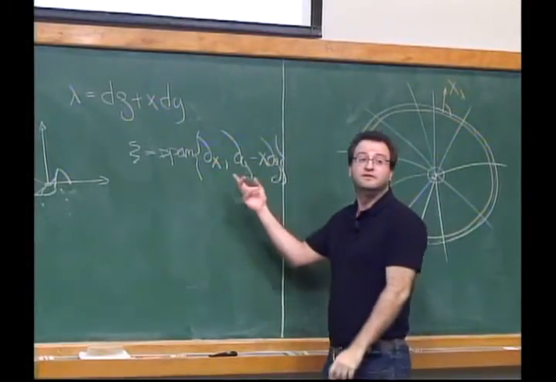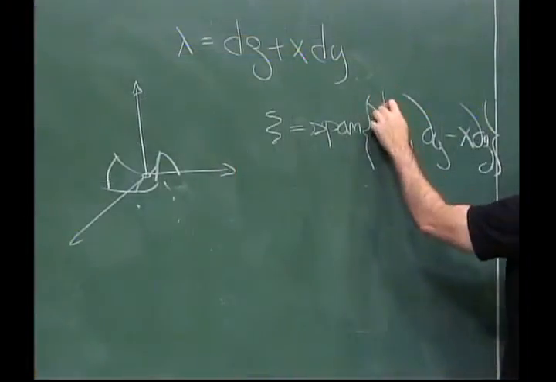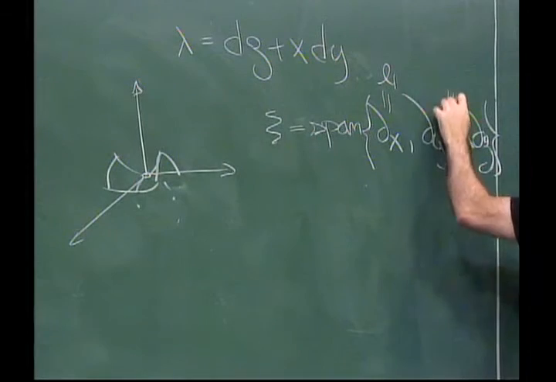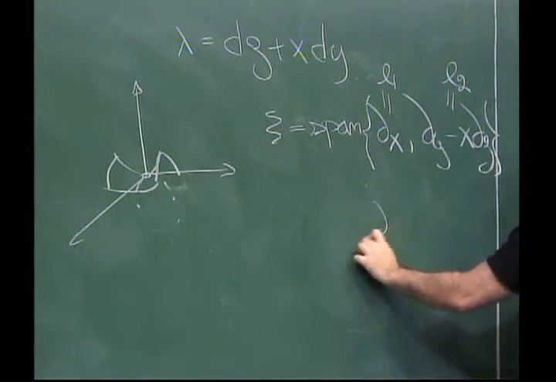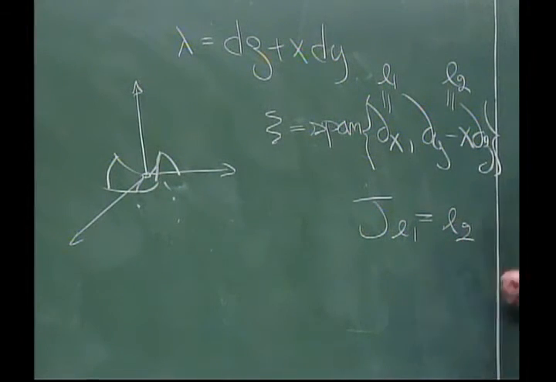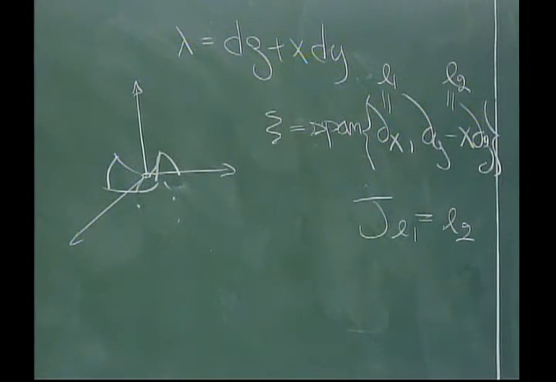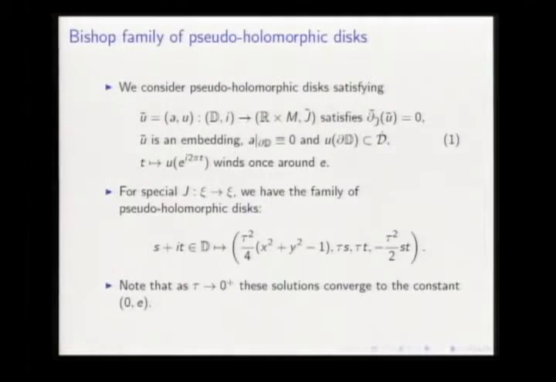And so you can just define locally near this point J as, let's say, E1, E2, and J E1 is equal to E2. Then what is good about all these choices is that you can solve the pseudoholomorphic equation for disks.